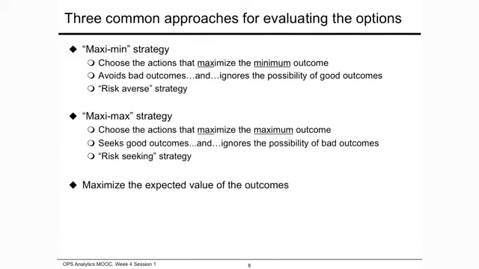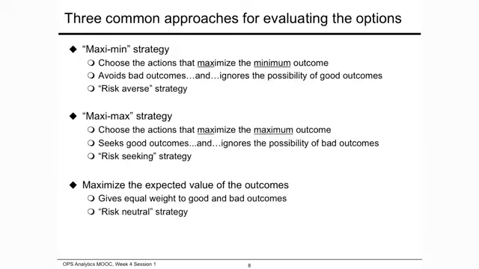In the middle are strategies that maximize the expected values of the outcomes. They give equal weight to good and bad outcomes by calculating the expected value. And we'll come back to that calculation in a moment. They're risk-neutral strategies that lie somewhere in between the natural extremes of a maxi-min strategy and a maxi-max strategy.